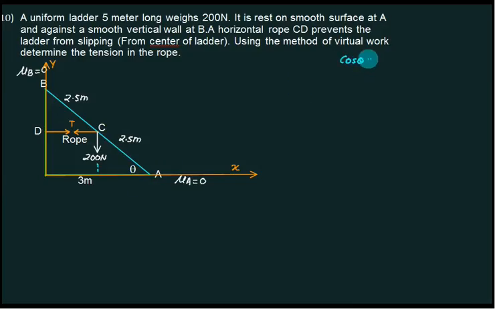Cos theta is adjacent over hypotenuse, theta is given to you. So is this length from here to here 2.5 cos theta? And is this length from here to here 2.5, adjacent is cos, opposite is sine.